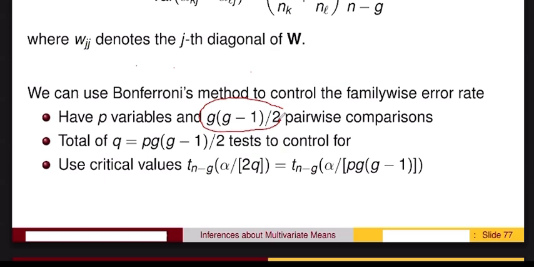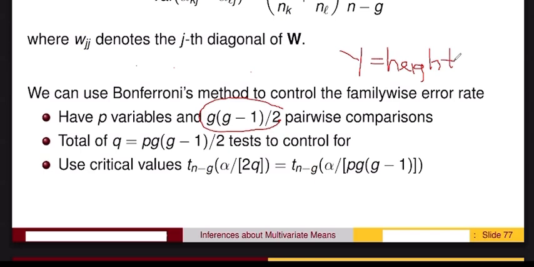Maybe I'm talking about plant growth, and my response variable is the plant height, and the factor that I'm considering is maybe the type of fertilizer. Maybe I got 3 levels of fertilizer.